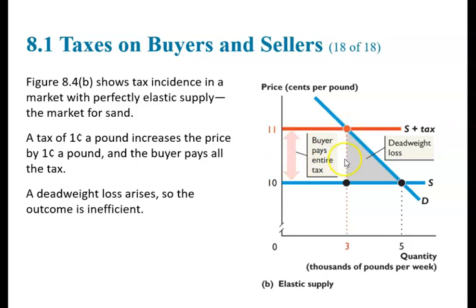Also, you will see that a triangle area of the deadweight loss appears here. So two important things are happening in this case. The first is that the total burden of the tax will be passed on to the buyer, and also this is not an efficient outcome, it is an inefficient outcome shown by the presence of the excess burden or the deadweight loss.